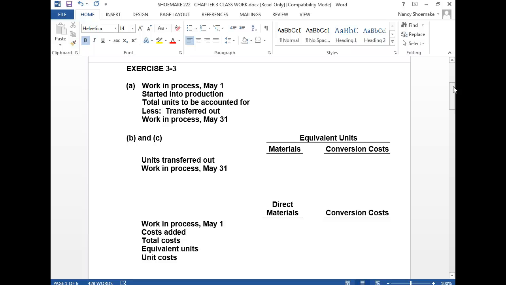So the first question is, how many units are in process at May 31st? How do we know how many units are in process at May 31st? Let's start by work in process of May 1st. How many units are there?